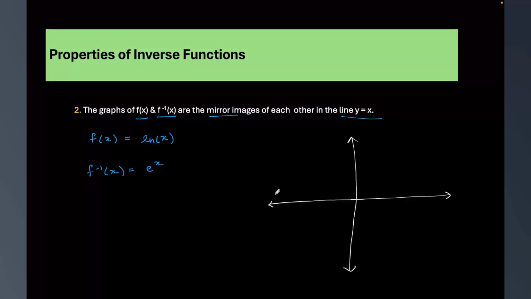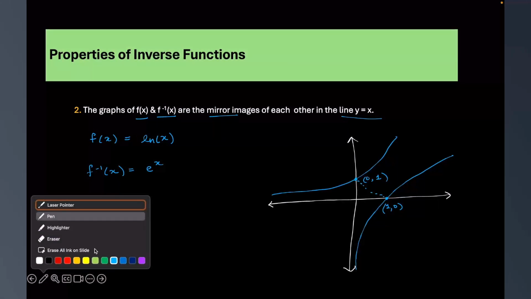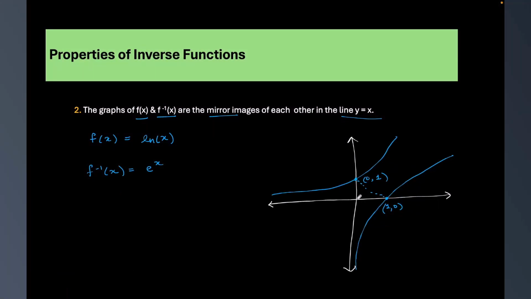So let's say I have my e to the power x coming like this, where this is 0, 1, and I'll have my log function coming from here, going like this, 1, 0. Okay. It's not exactly perfect, but you get the idea. And then let me just make a line y is equal to x.